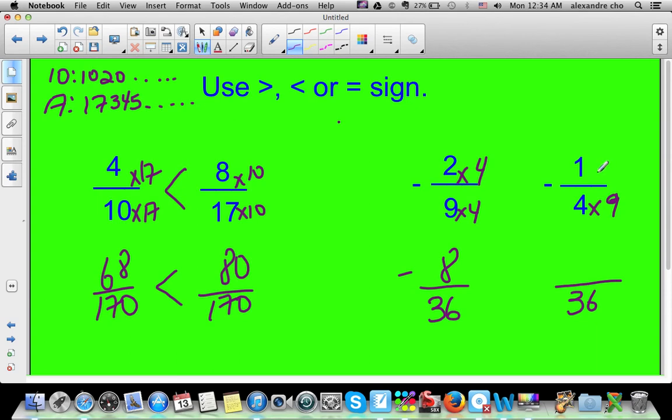And 1 times 9, negative. And again, in this case, 8 over 36, okay, remember, in negative numbers, the bigger the number, the smaller you are. It's the opposite. So negative 8 over 36 in this case is greater than negative 9 over 36. Okay?